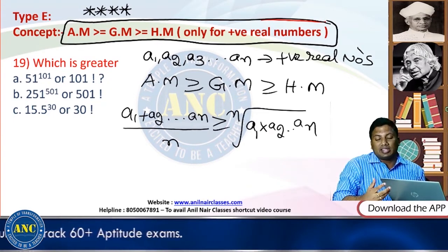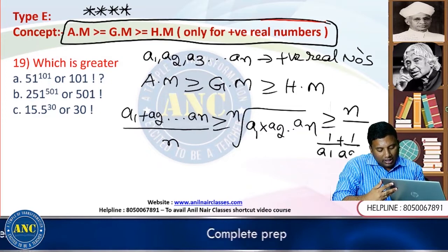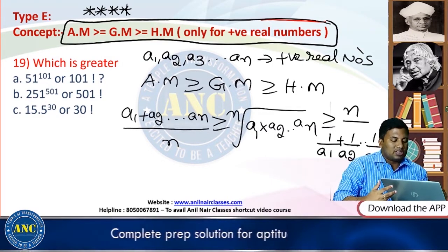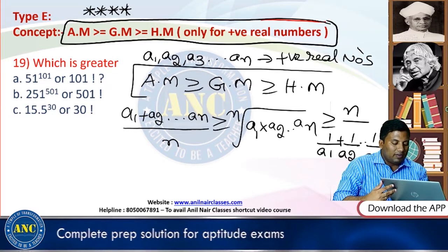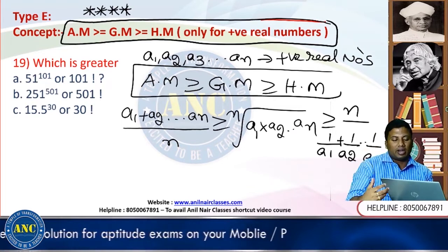Harmonic mean is the reverse of arithmetic mean: N by 1 by A1, 1 by A2 and so on up to 1 by AN. Always remember, AM is always greater than or equivalent to GM, which is always greater than or equivalent to HM.